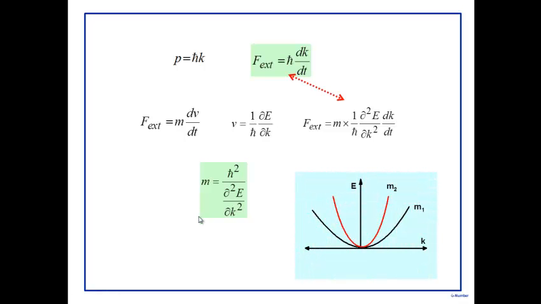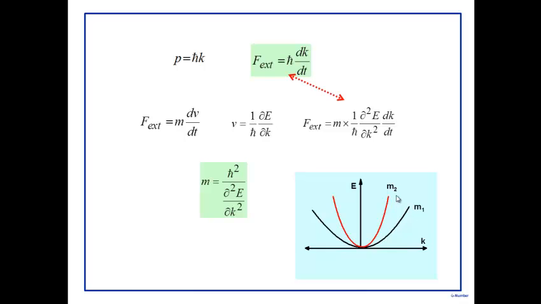Say I give you two E-k relationships. Now I'm talking in terms of an electron, but note that it's true for any free particle. Any free particle, this relationship is true. So if I talk of the E versus k relationship and I give you two E-k diagrams, both parabolic, one black and one red, both are free particles, and which one has a higher mass?